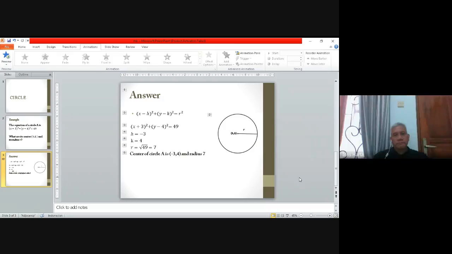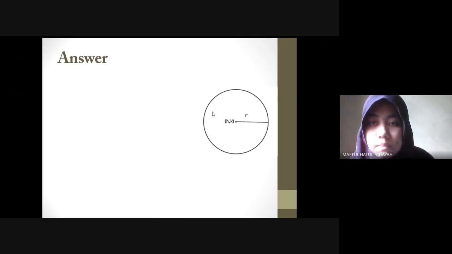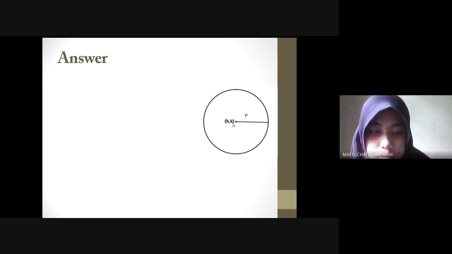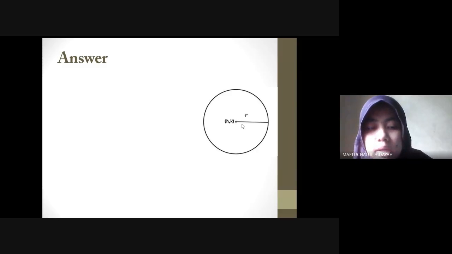The answer: we know that all the points that are at the same distance from the (h, k) point satisfy x minus the x coordinate of the center squared plus y minus the y coordinate of the center squared is equal to radius squared.